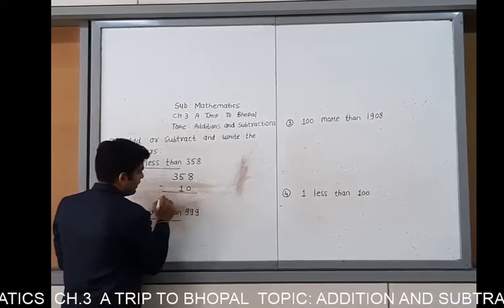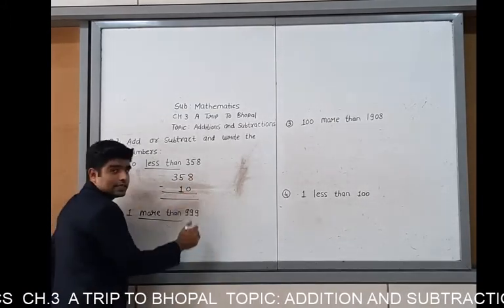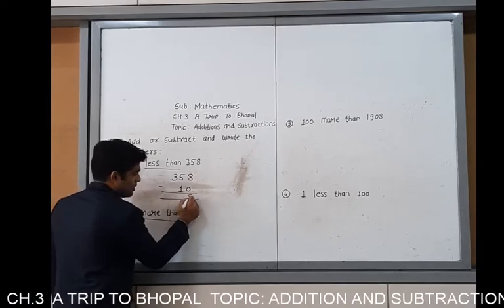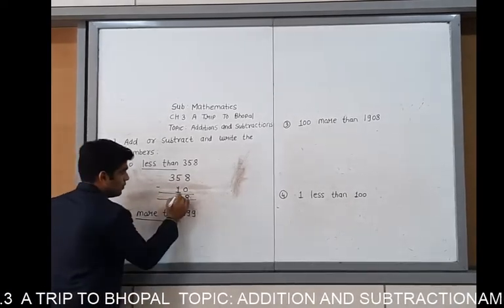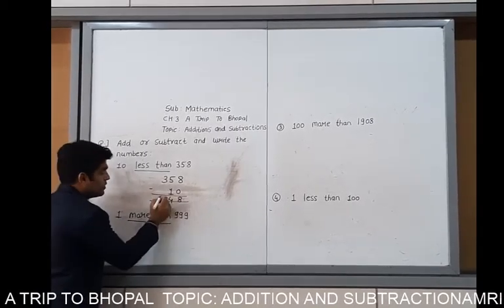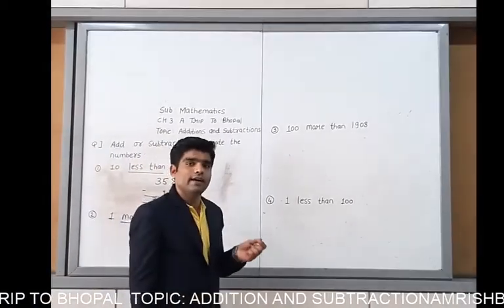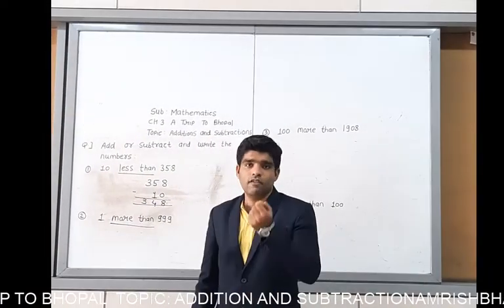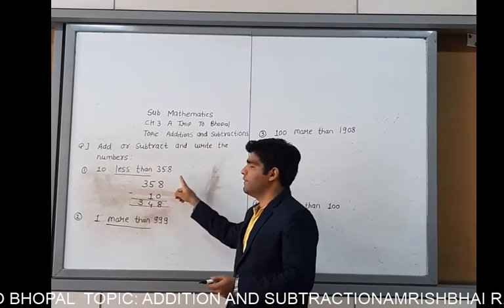Simple. Subtract it. 8 minus 0 is 8. 5 minus 1 is 4. And this is also 3. So your answer is 348.